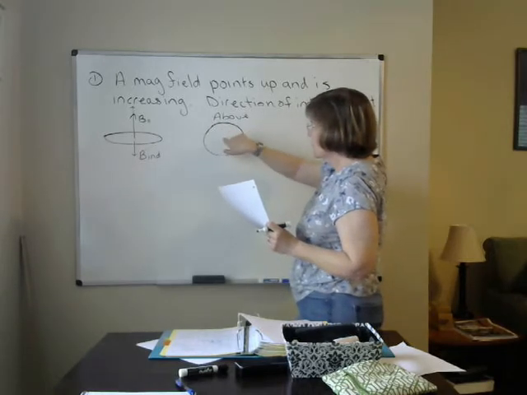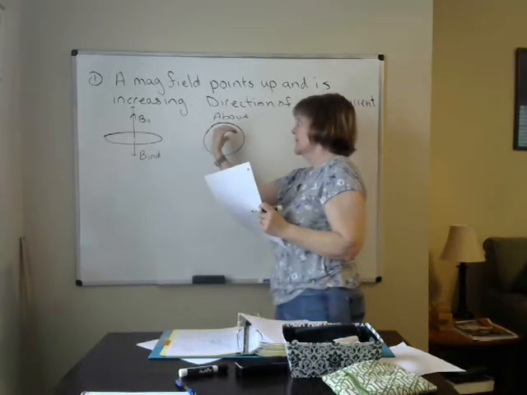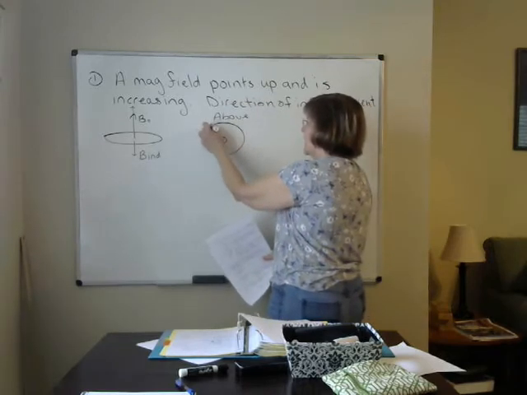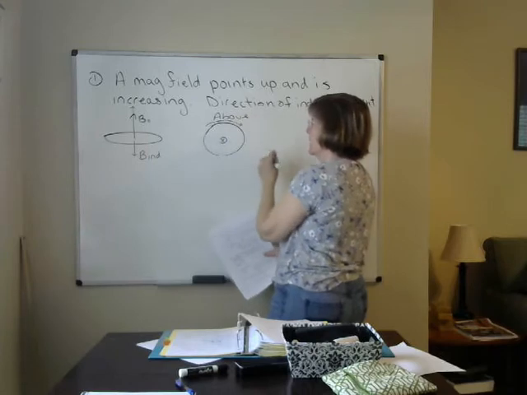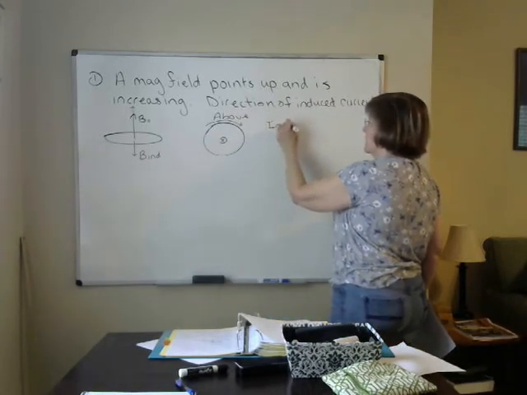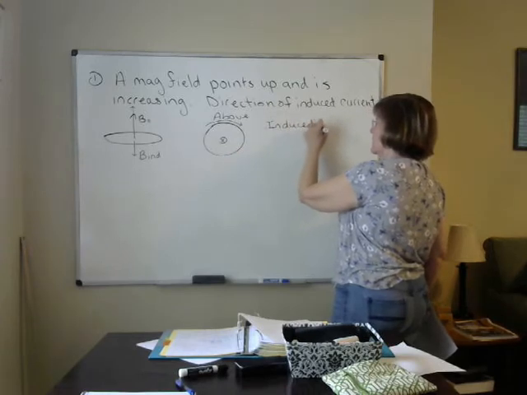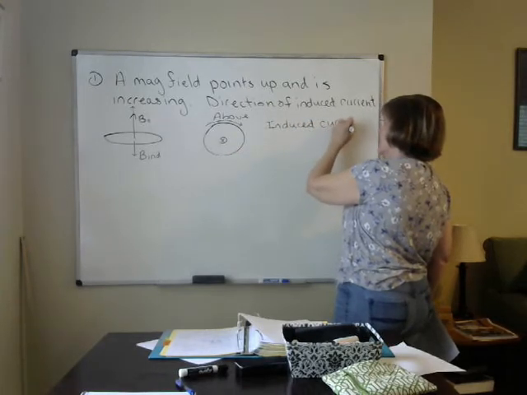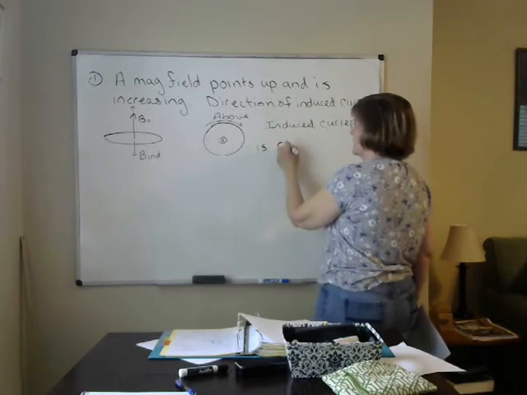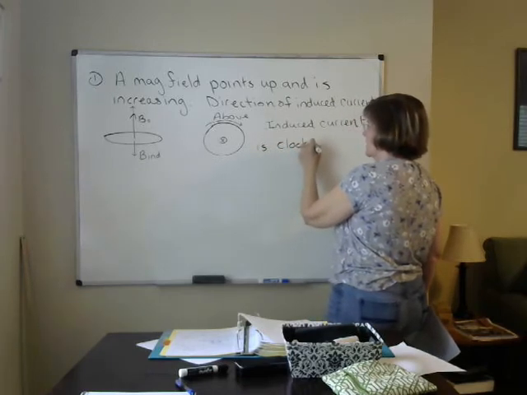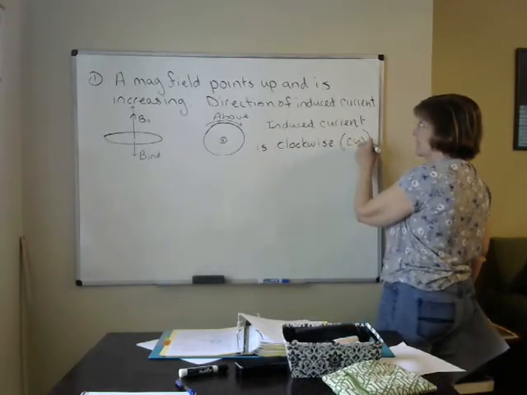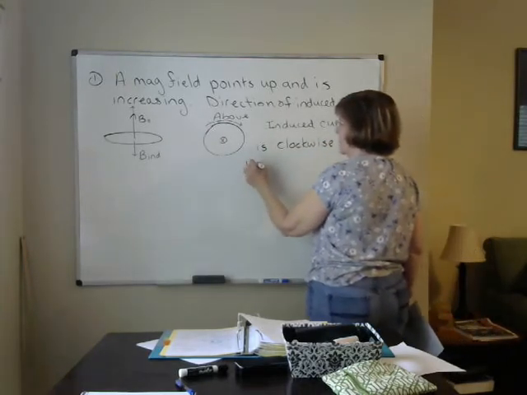I want the induced one in. Then I need the current to go this way. So the induced current is clockwise. A lot of times we just abbreviate that CW when viewed from above.